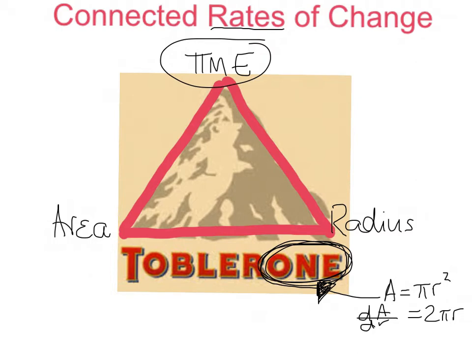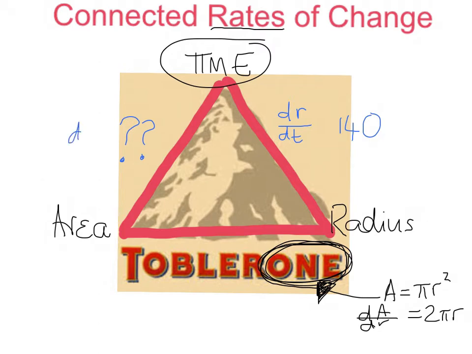Now you're going to be given some information about one of the rates of change. You might be told that the rate of change of the radius is something like 140 centimetres per second. It's massively growing, this particular ink blot. And then the question is, what is the rate of change of the area?